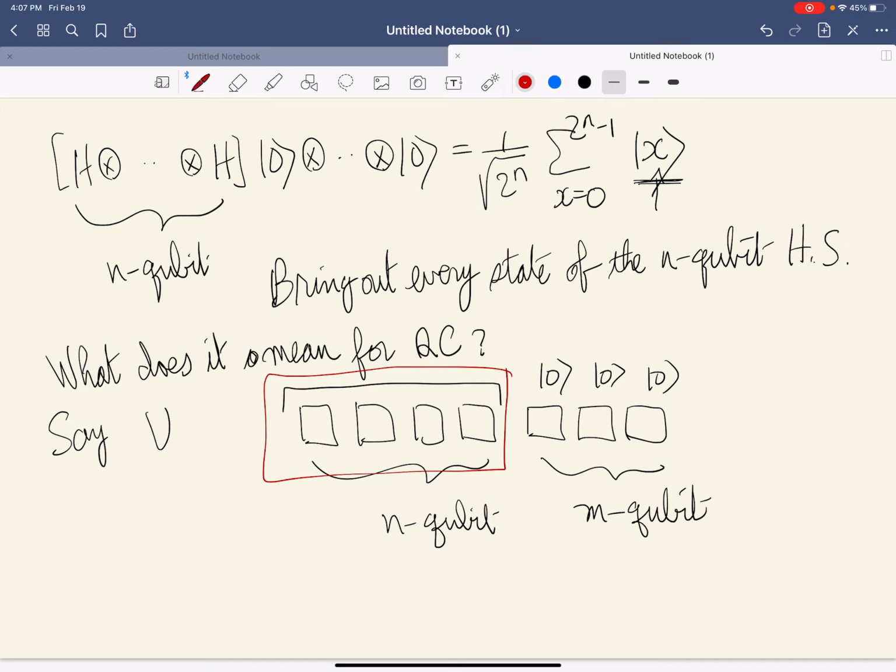So the result of performing the Hadamard only on this subset of the qubit cluster would be the following.